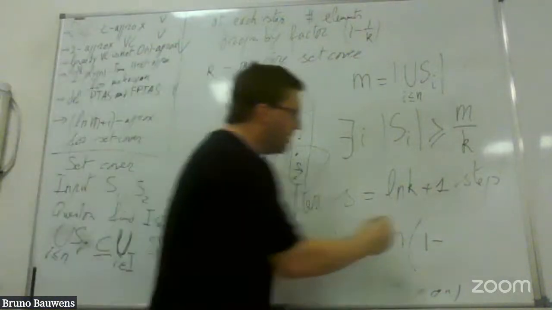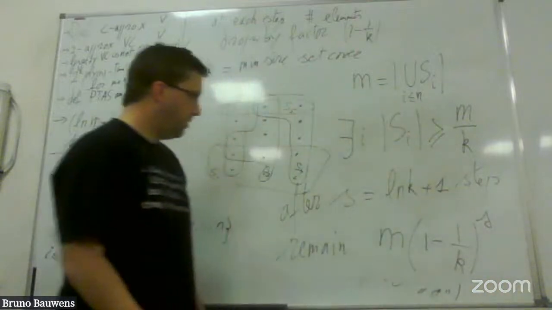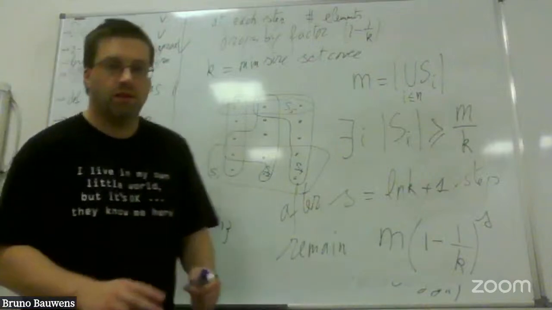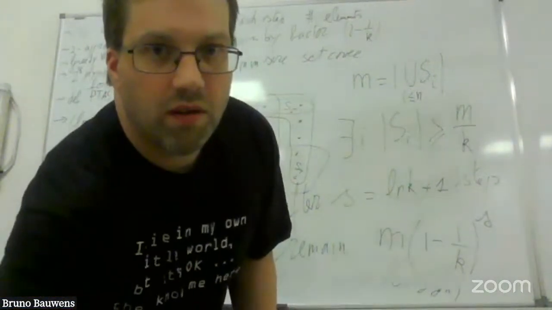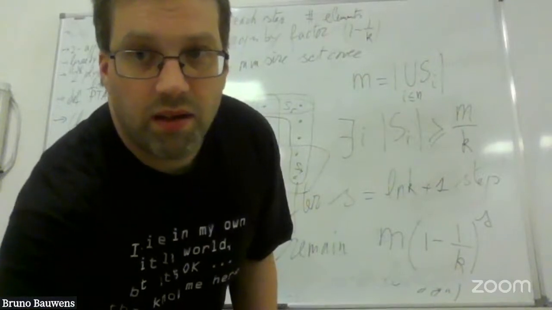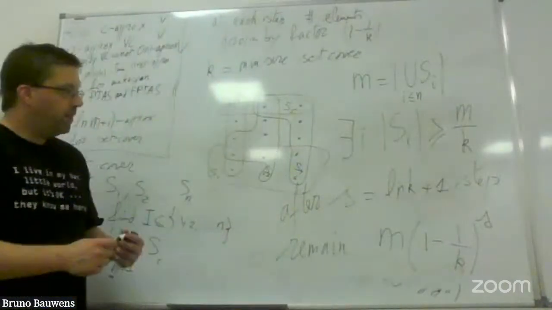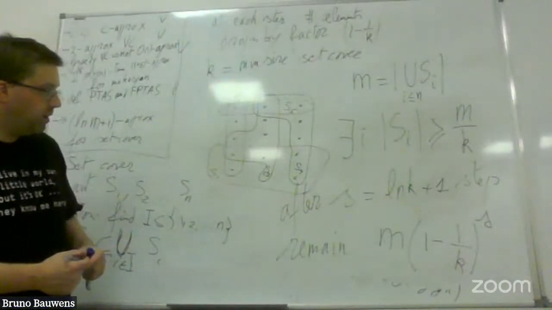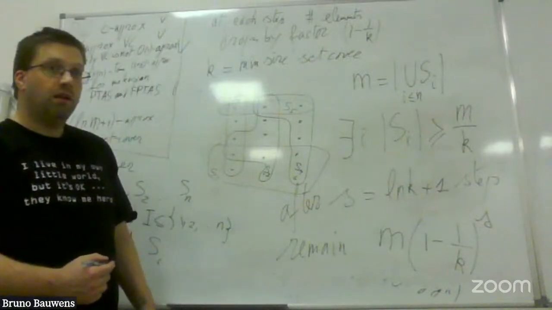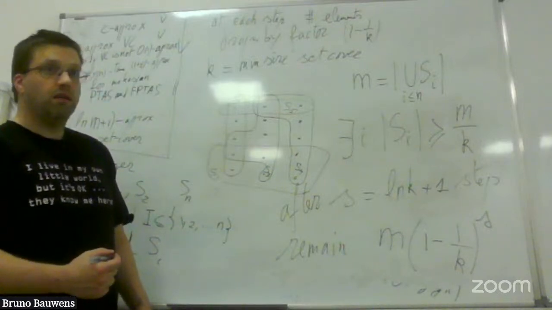So the factor is 1 minus 1 divided by k, because the minimal size of a set is 1. So we assume that we pick at least one element.